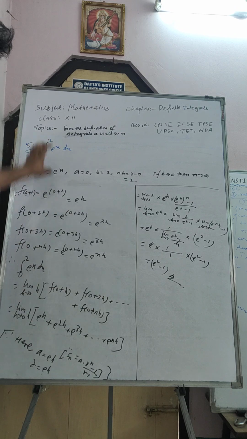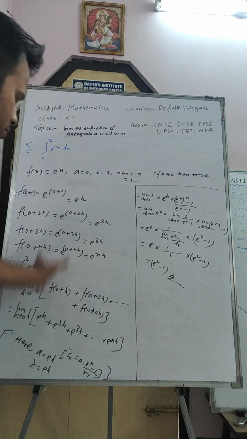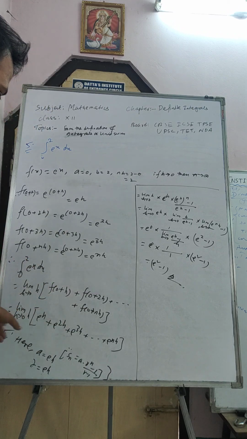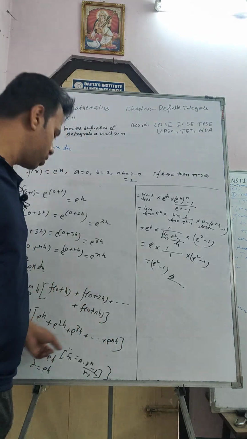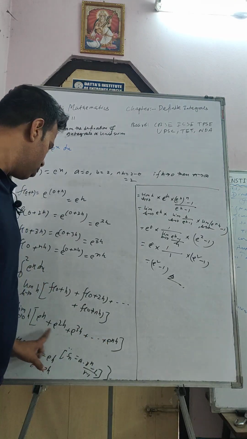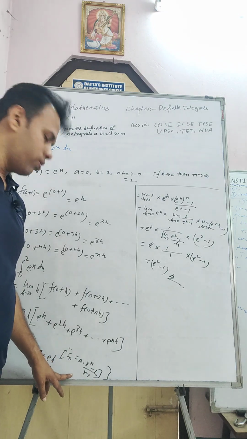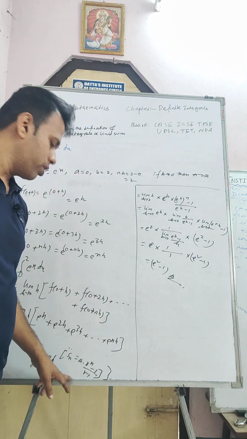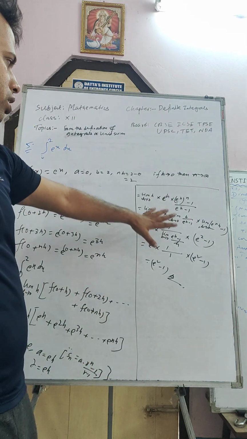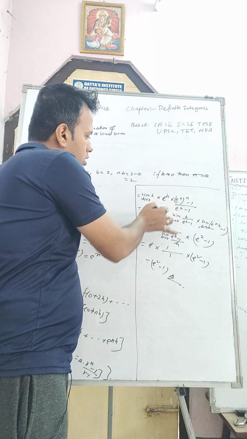Now I write this integration, put in the values, and these are all in the form of a geometric progression. So here a is e to the power h, r is also e to the power h, and I use the formula a into (r to the power n minus 1) by (r minus 1).